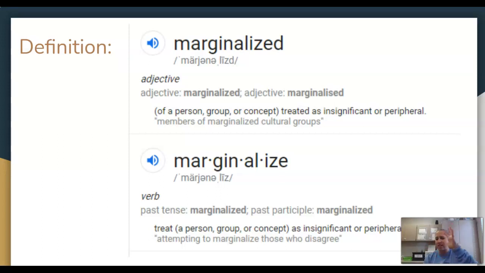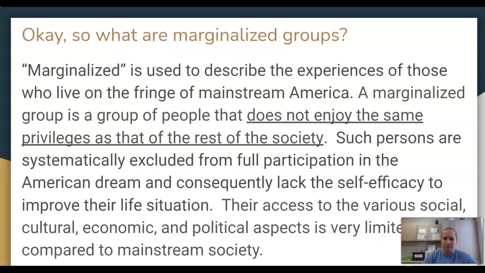So marginalized groups feel like they're on the outside of society. Marginalized is used to describe the experiences of those who live on the fringe of mainstream America. A marginalized group is a group of people that does not enjoy the same privileges as the rest of society.